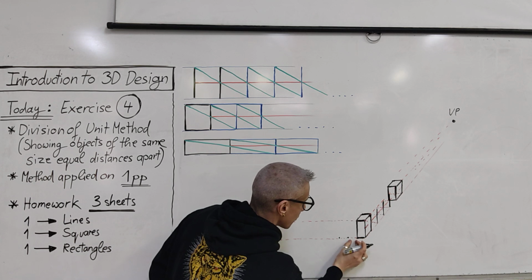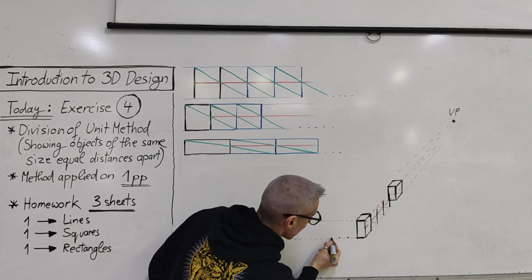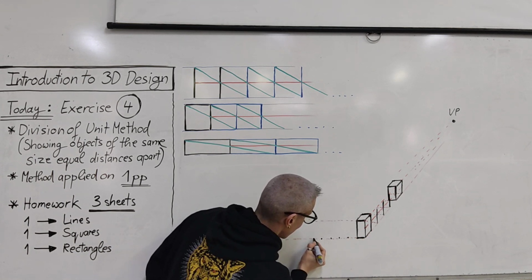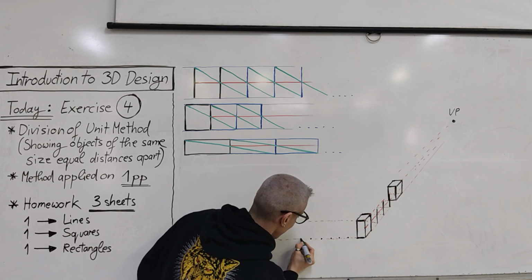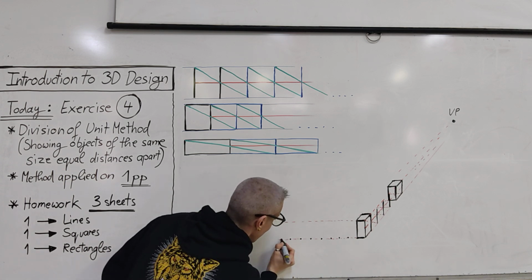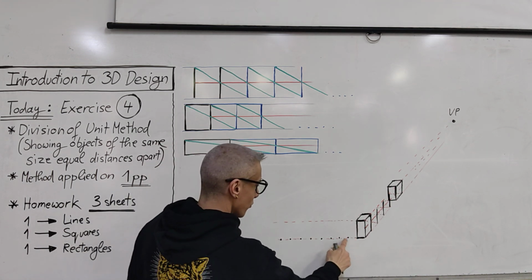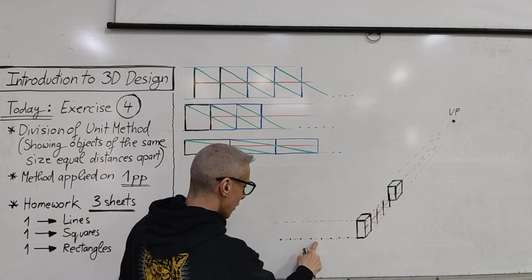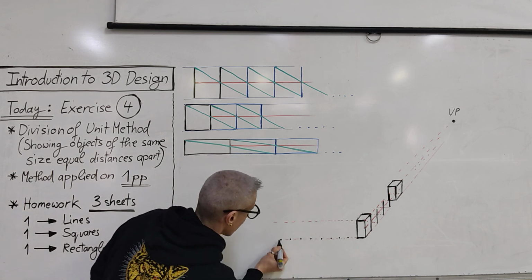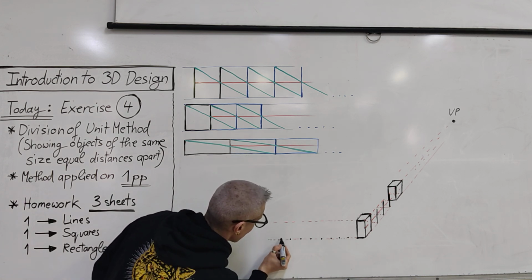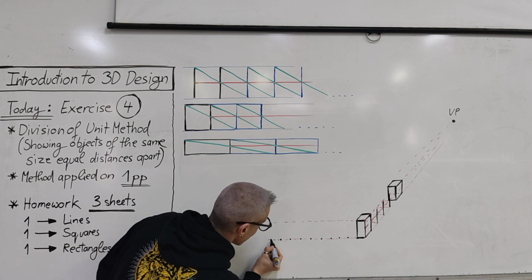So we have here 1, 2, 3, 4, 5, 6, 7, 8. Depends on how many I want. Okay, let's say how many distance? 1, 2, 3, 4, 5, 6, 7, 8. And then I want my object at number 9, okay?